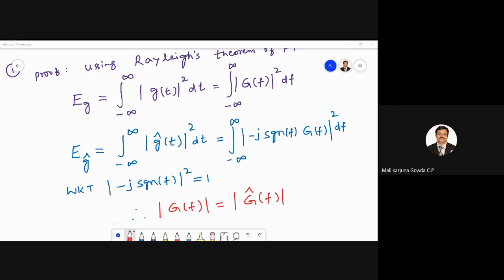I'm saying |−j sgn(f)|² will be equal to 1. With respect to that, the magnitude of G(f) will be equal to the magnitude of Ĝ(f). In that sense, we say the magnitudes of the signal g(t) and its Hilbert transform are the same.